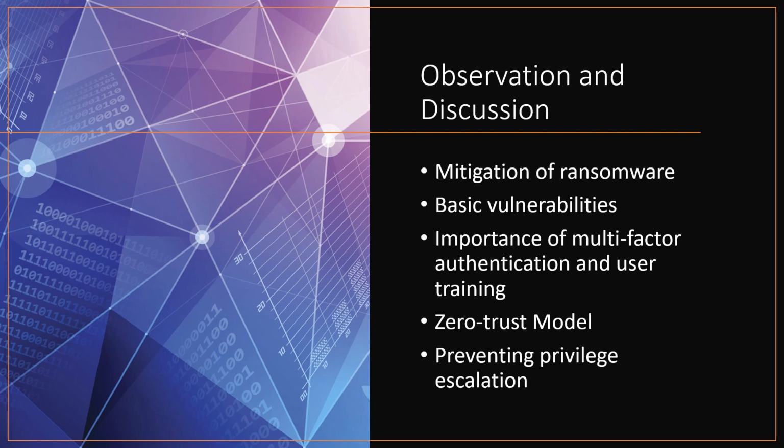This also shows the importance of using multi-factor authentication and training users in strong passwords and not falling for phishing emails. It also gives a large amount of importance to the zero trust model, the data-centric model, and focusing on a higher level of security than trusting a perimeter model to safely and securely protect data.